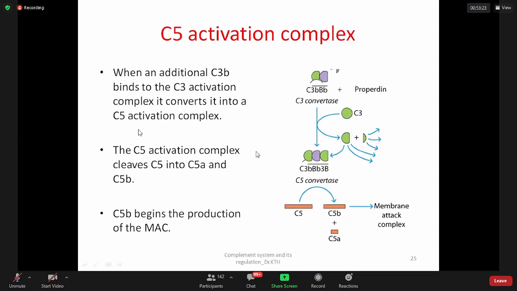Then after that, this C5 convertase will cleave C5 into C5a and C5b. C5b will then start the process that will end up causing production of a membrane attack complex, the same way that we saw with the classical pathway.